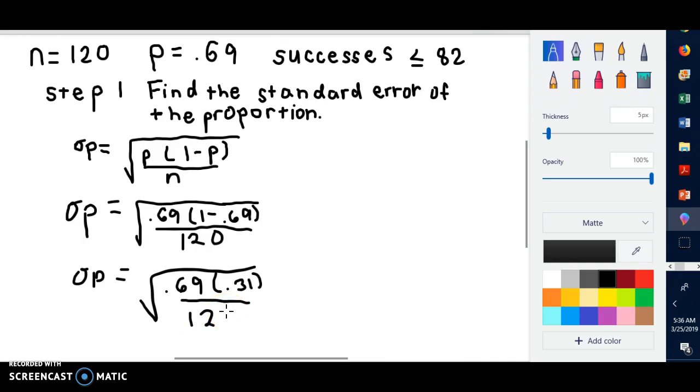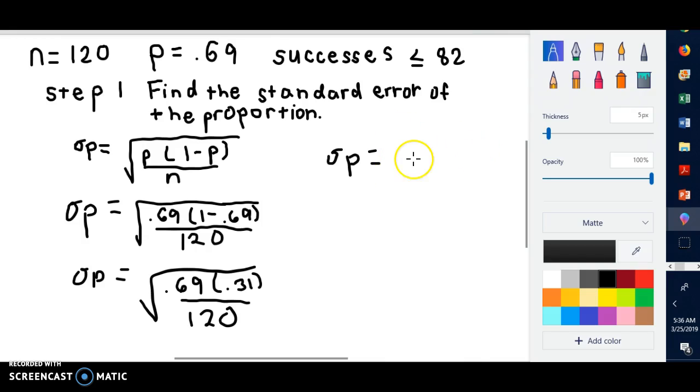So in your calculator, do 0.69 times 0.31, and you're going to get 0.2139.